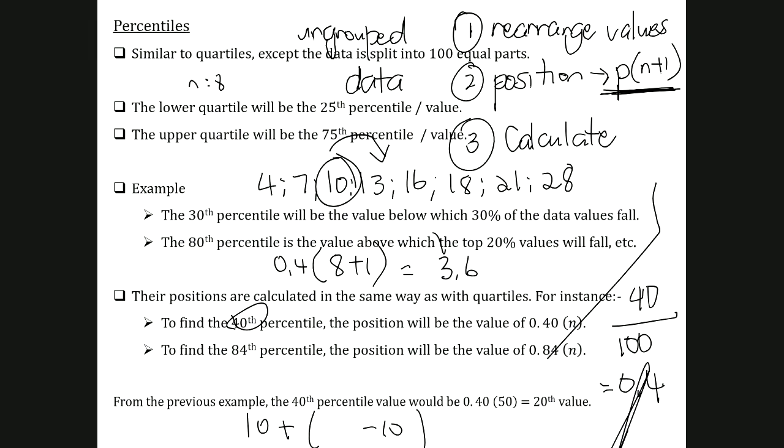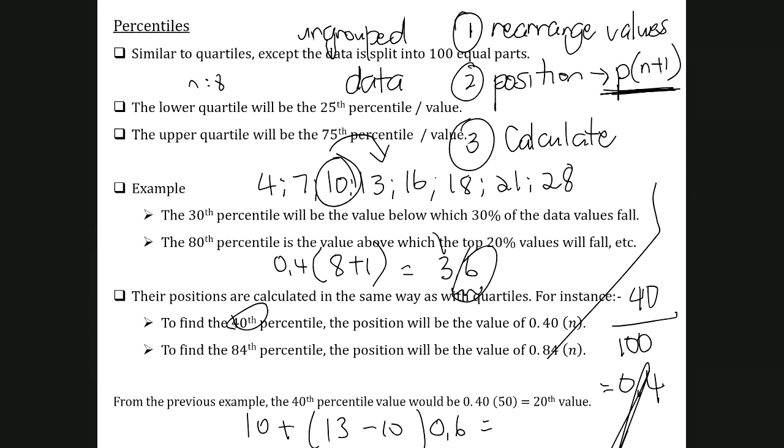So 13 minus 10, and multiply that by just the remaining decimal portion here, which is 0.6. So basically, you're taking the third value and adding it to the difference between the value after that minus that value itself.